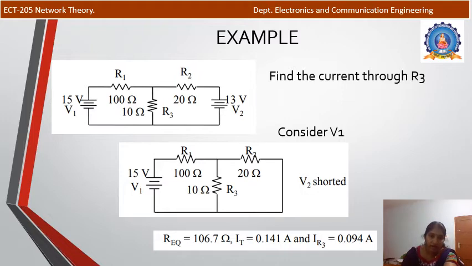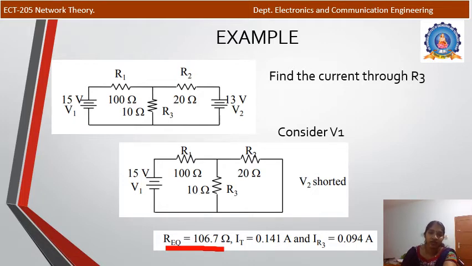Take the parallel combination of R2 and R3, and that will be added to R1. Okay, so the parallel combination of 20 ohm and 10 ohm will be almost 6.7, and that will be added with 100 ohm. So the total resistance will be 106.7 ohm, right?